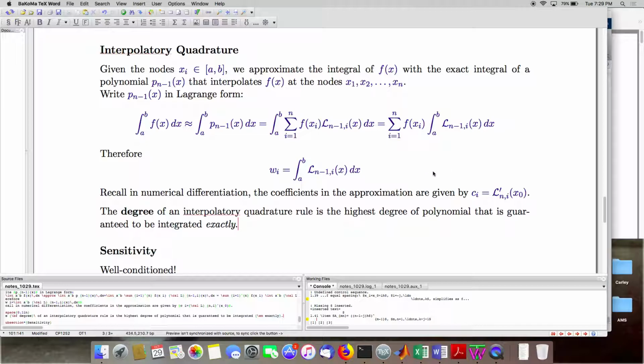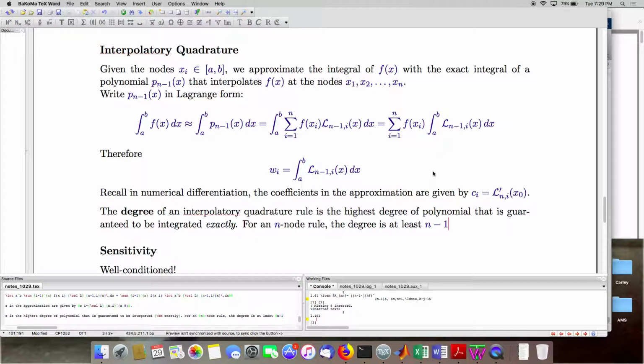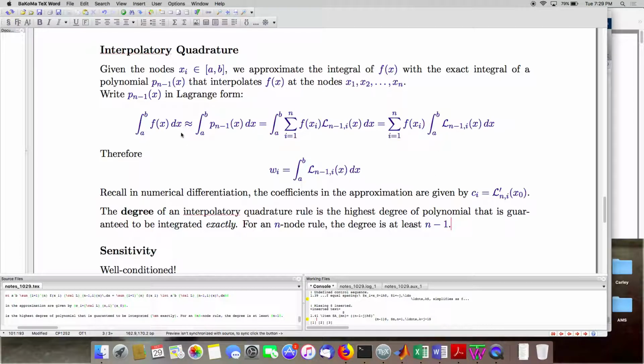Now, for an n-node rule, the degree is at least n minus 1. Because suppose f is a polynomial of degree n minus 1 or less, then this f of x would be equal to this polynomial here. And therefore, the exact integral of this is what the quadrature rule gives. That would be equal to the integral of f. So we always have that.